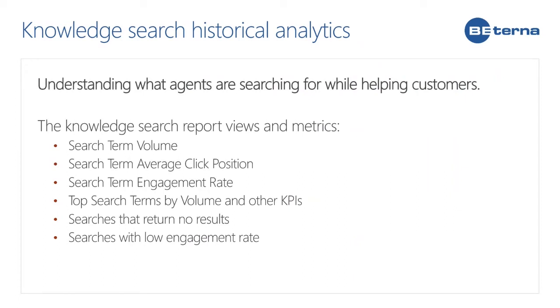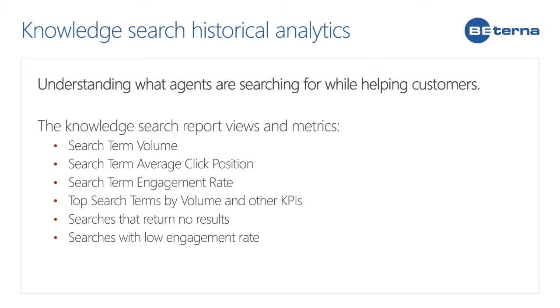So basically, in my opinion, if you don't know what your customer service agents are doing, what they are searching, what the most common cases are, then you cannot fix your product or make improvements. And these new reports and metrics will enable you to do just this.